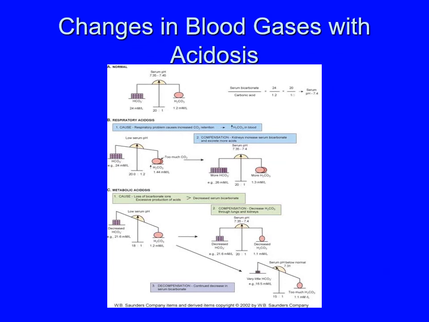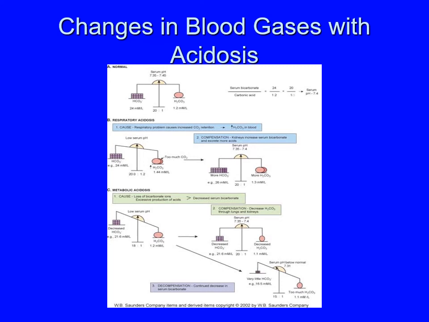Changes in blood gases with acidosis. What you see here, and this is a little bit harder to see, is a scale showing you the balance of 20 to 1, your ratio of bicarb to carbonic acid. So in respiratory acidosis, you have too much carbonic acid, and the compensation is the kidneys increase serum bicarb and excrete more acids.